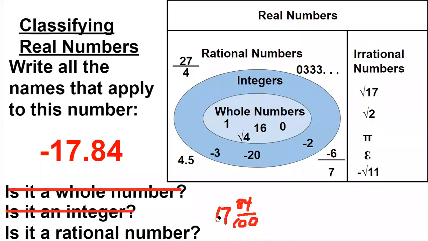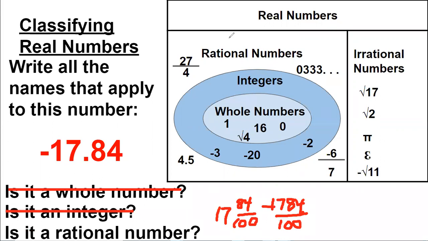So once I multiply 17 times 100, I get 1700, and I add 84 to that, I get 1784 over 100, and that is a fraction. So yes, 17.84, or negative 17.84, is a rational number.